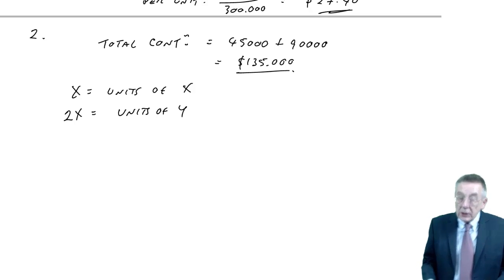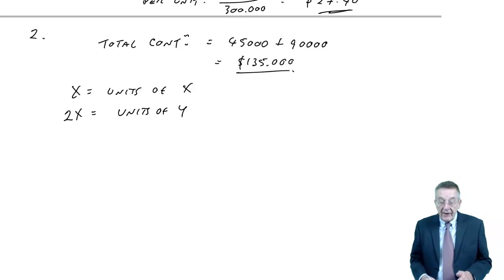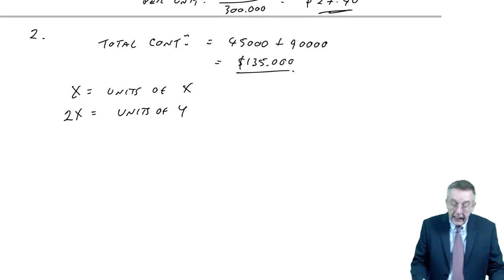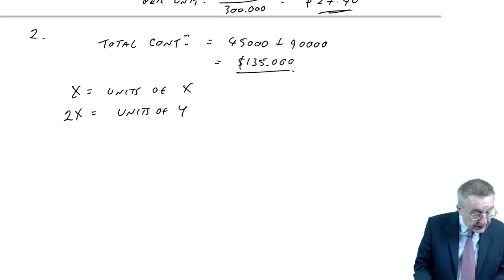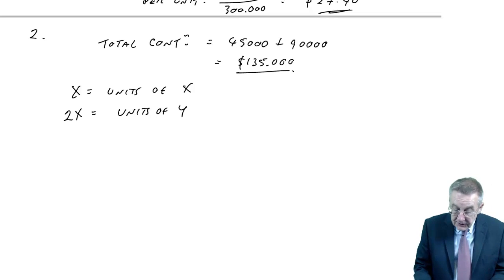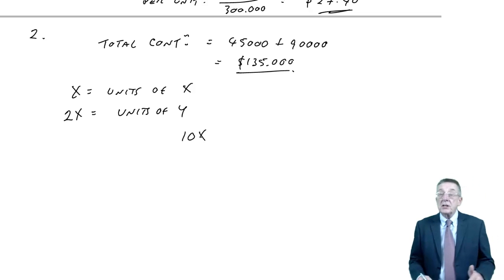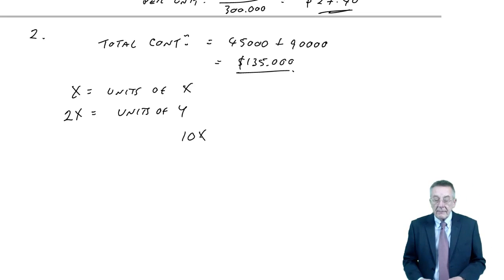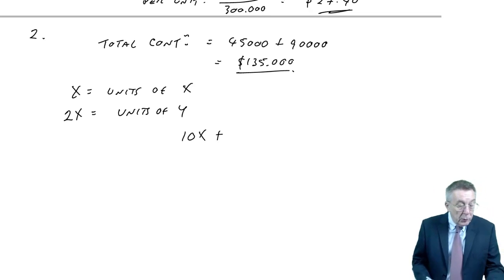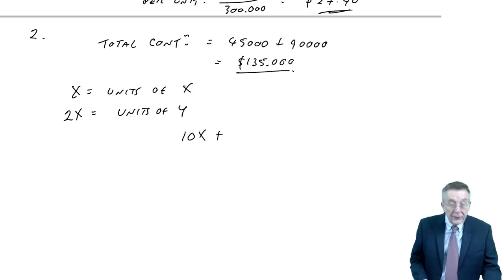And so what will be the total contribution if it's X units of X and 2X units of Y? Each unit of X gives $10, so X units, in total 10X contribution. Each unit of Y gives $4.